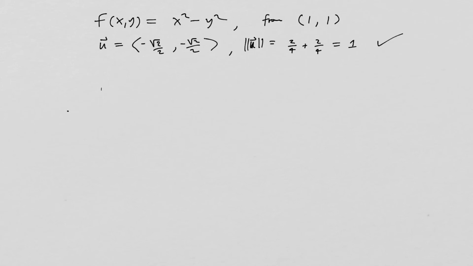If I want to see the picture maybe drawn a little bit more in 3 dimensions, what I'm going to have here is this. That's an x, that's my y, and there's my z. And we know that it goes like that, and it goes down like that. And we are out here at (1, 1), and we're pointed in that direction.